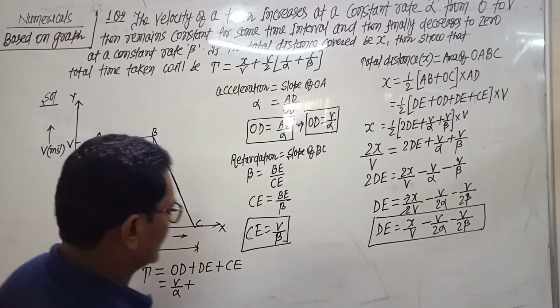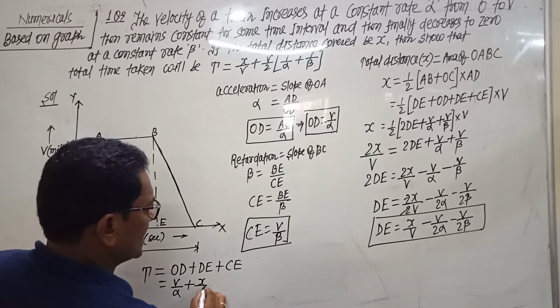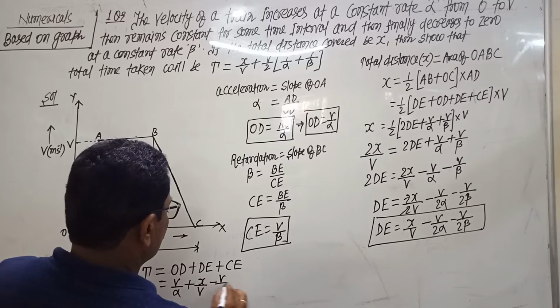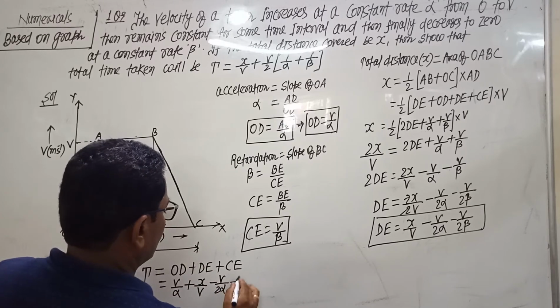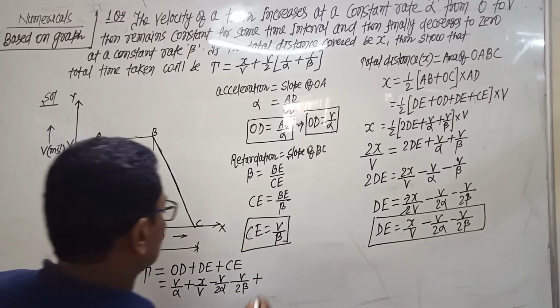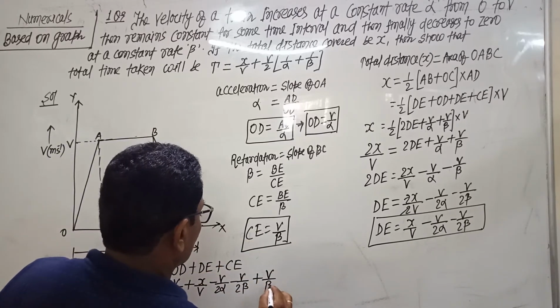DE we have already calculated as x by v minus v by 2 alpha minus v by 2 beta, and CE is v by beta.